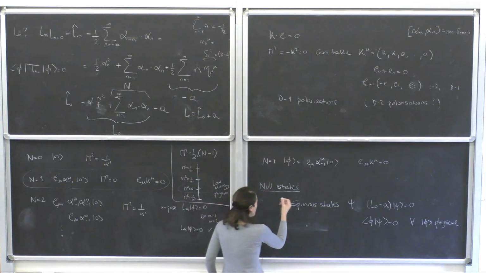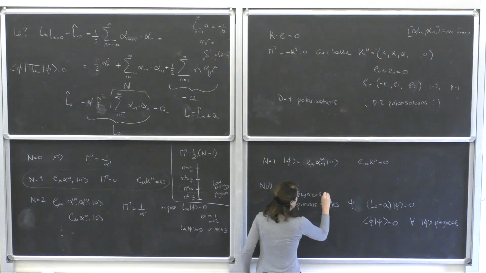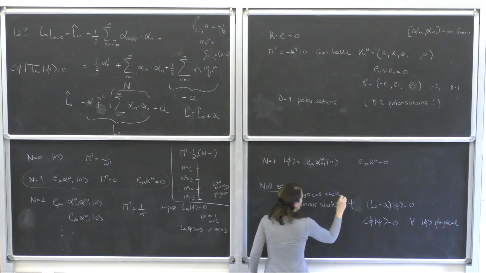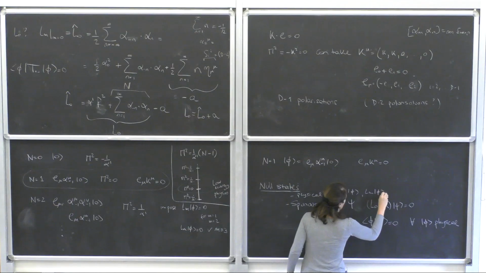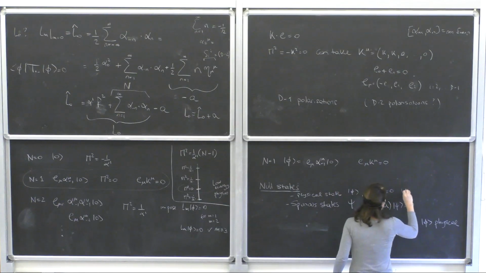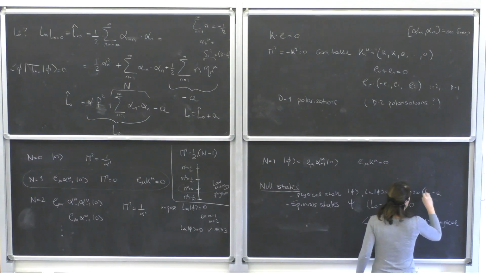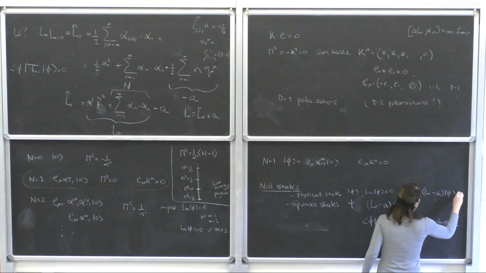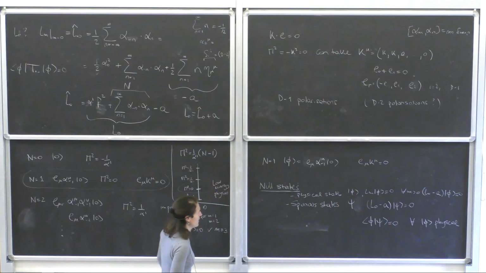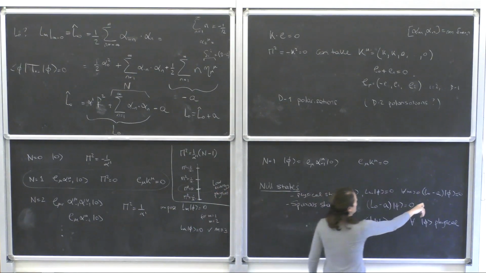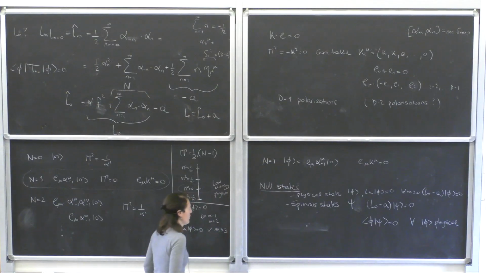And then we have the physical states, which satisfy L_m phi equals 0 for all m greater than 0, and L_0 minus a, phi equals 0. Okay, so these states we saw. Now the spurious states satisfy this condition, but not necessarily the others, and they are orthogonal to any physical state.